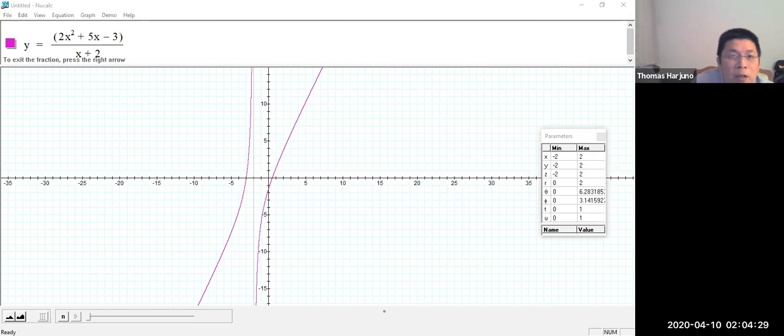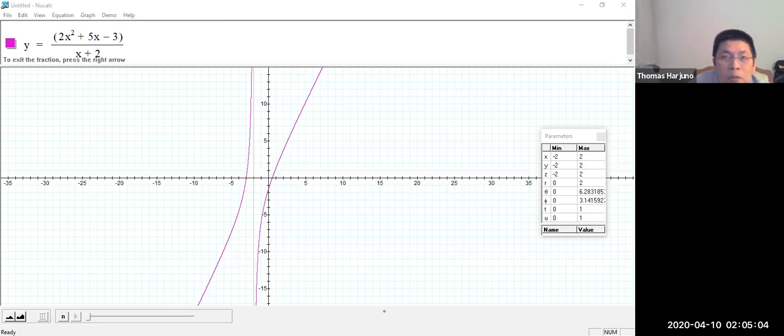So this is my -3 here, and I have a positive 1/2. So yeah, the graph's supposed to look like this. See, I know something was wrong. So it's like this basically. So the graph looks like this, kind of.